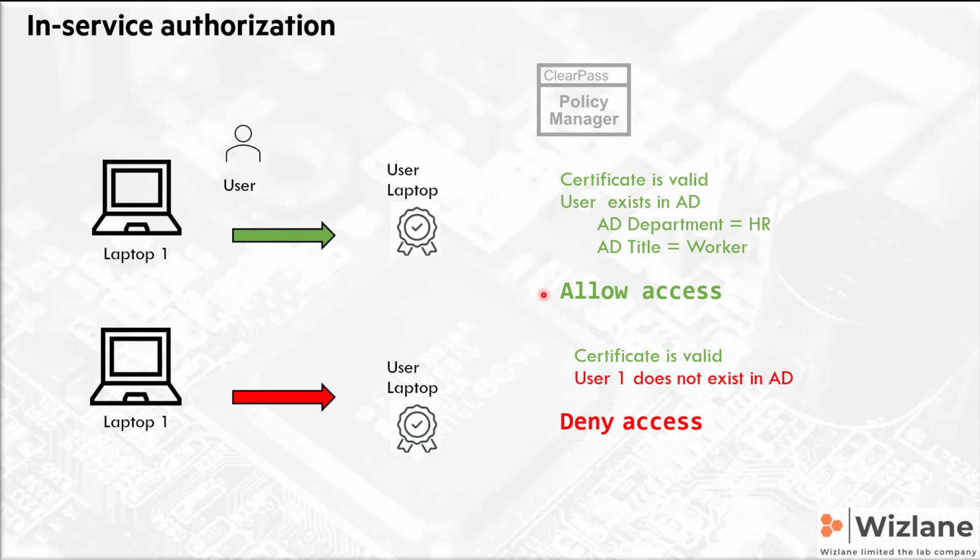But later on, this user might have left the company, and the user does not exist in AD. We are able to check if the user account still exists in the AD by including some attributes. So we can see if the user account exists or doesn't exist, or the account exists but is disabled. We can look into these settings on the user account in Active Directory and base our access control policy on the status of that account.